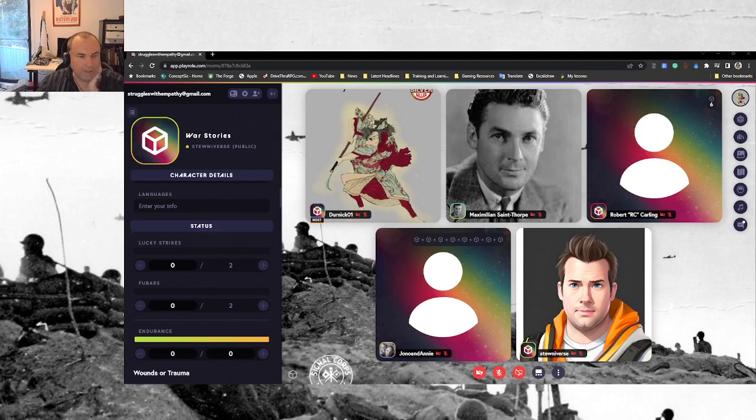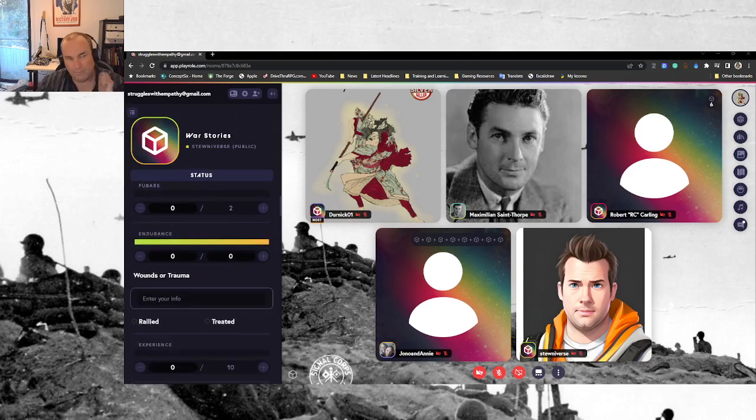It's got the lovely yellow to orange bar running across. Yes, I got it there. And you put it in the max, which is the one on the right hand side. So put the number in there, and then once you've done that, put that number in the other side as well. There you go. Done. Right, so that makes 4-4. Nice. So that's your endurance.